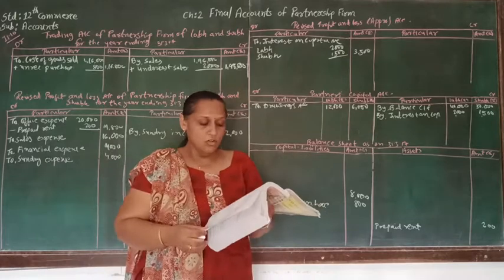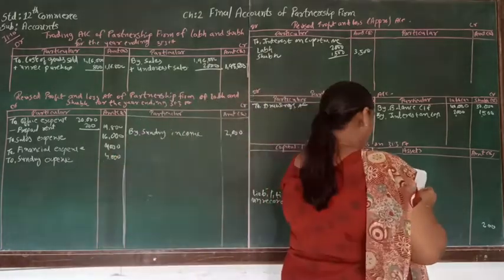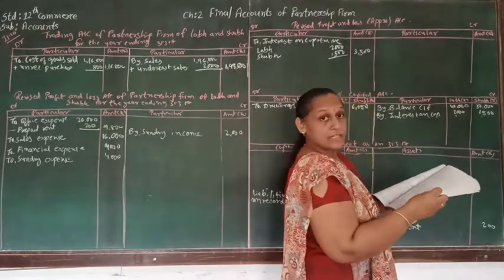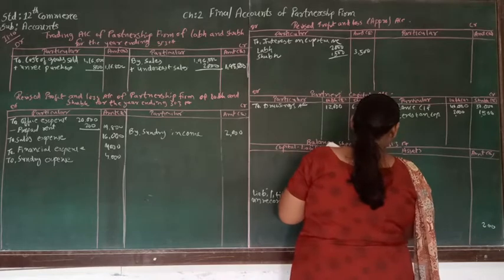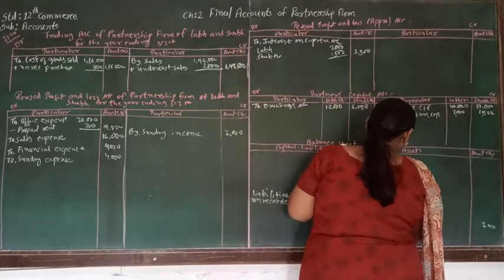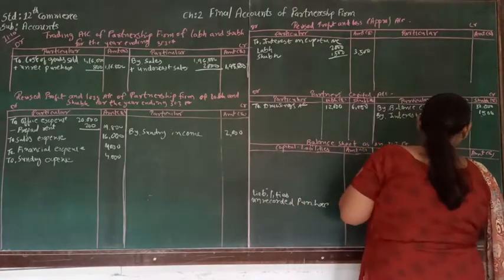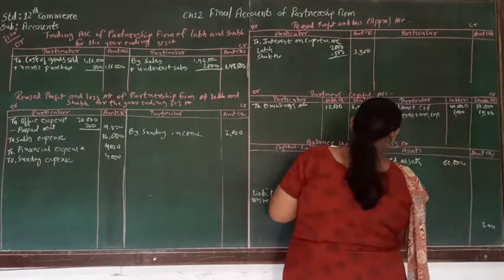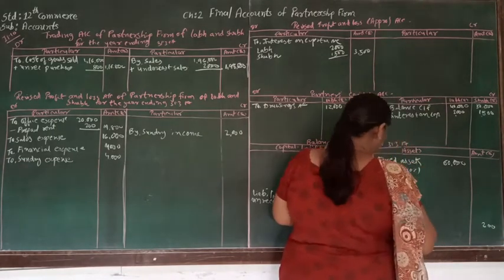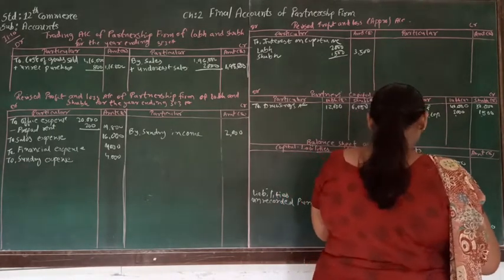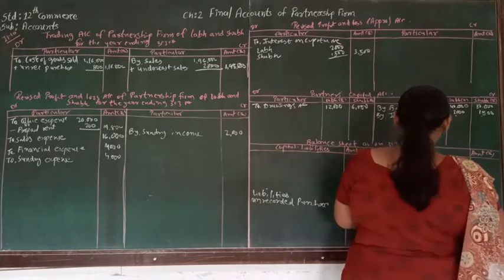Now on the asset side, the very first asset is fixed asset, and adjustment number 2 is telling us 10% depreciation on fixed asset. So here fixed asset is 60,000. Now let's calculate depreciation on fixed asset at the rate of 10%. That will be 10% of fixed asset, that will be 6,000.